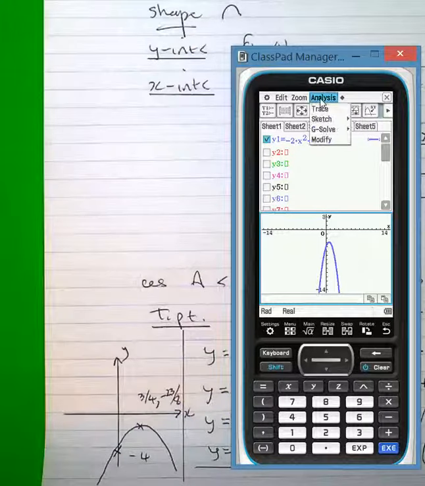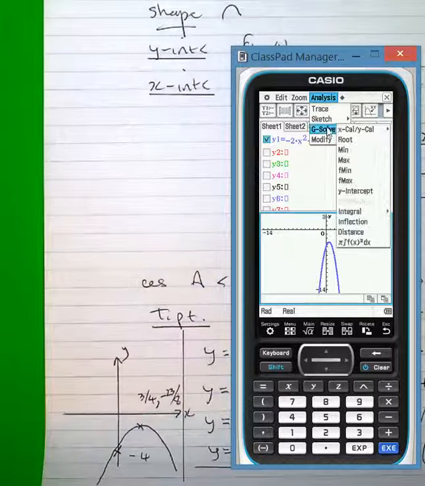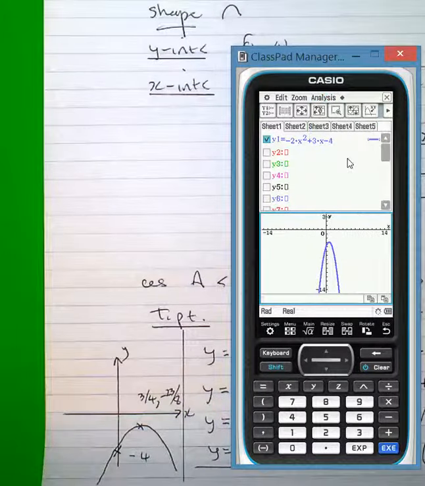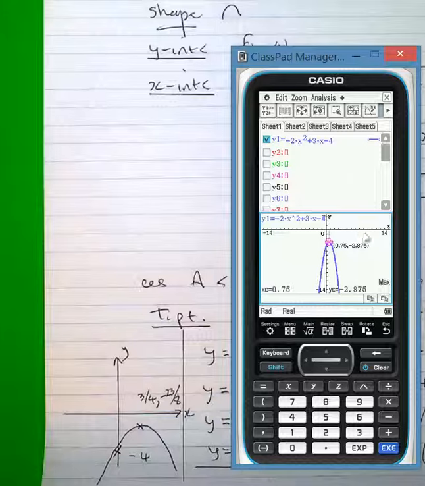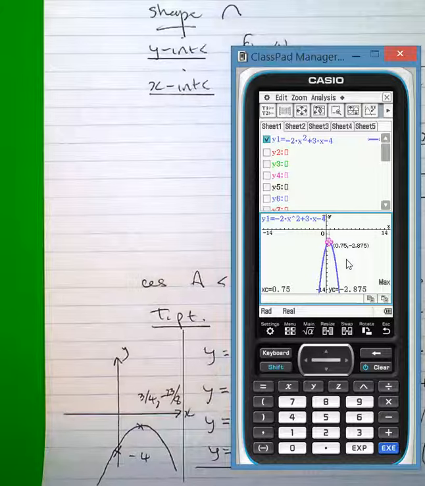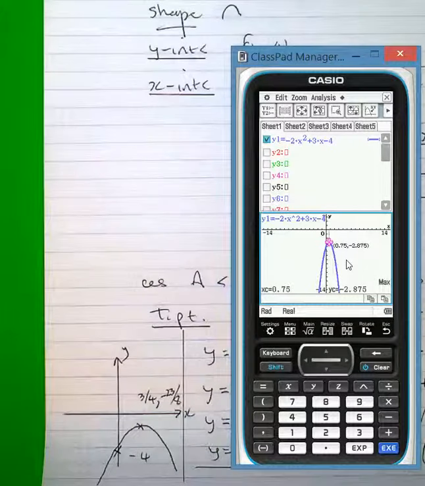And just checking the turning point, I use G-Solve, and I'm going to find a maximum because there's only one point where the function is at a maximum. And if you look very quickly, you can see 0.75 and the negative 2.875 there. But please get in the habit of checking these with your calculator as you go.